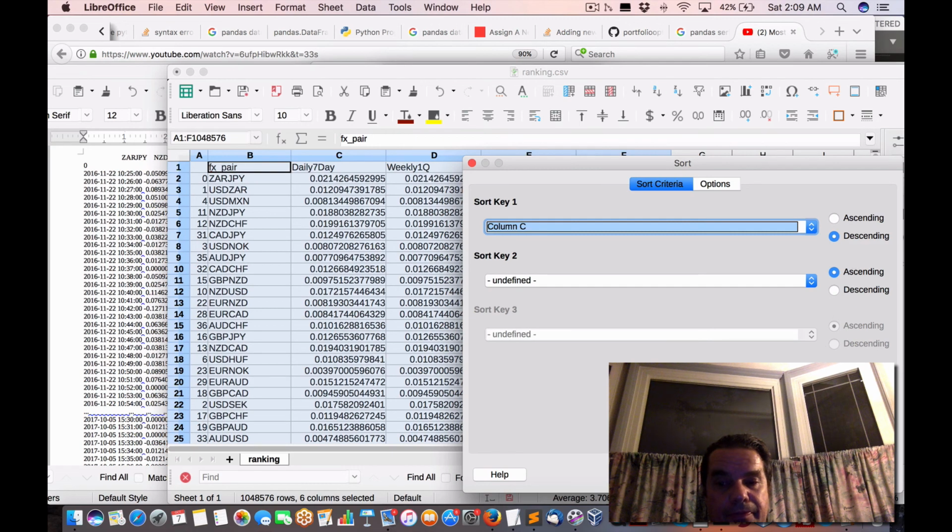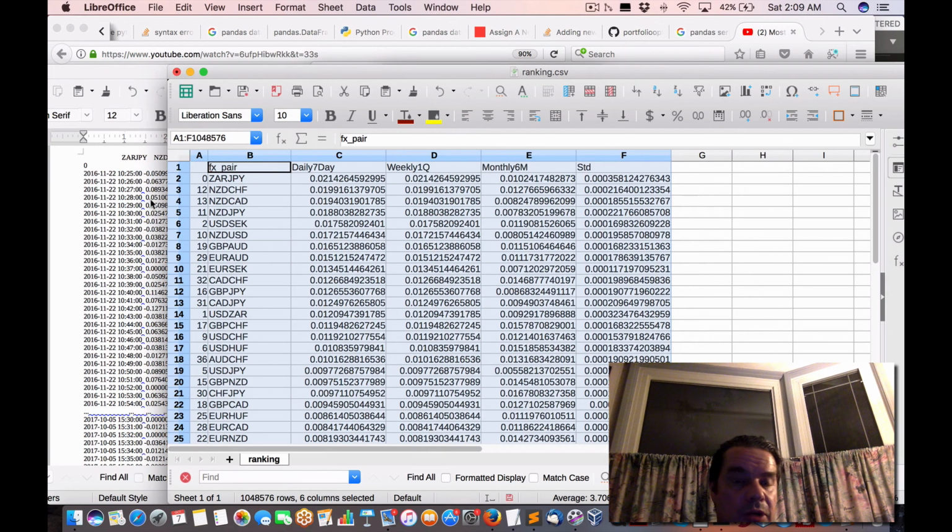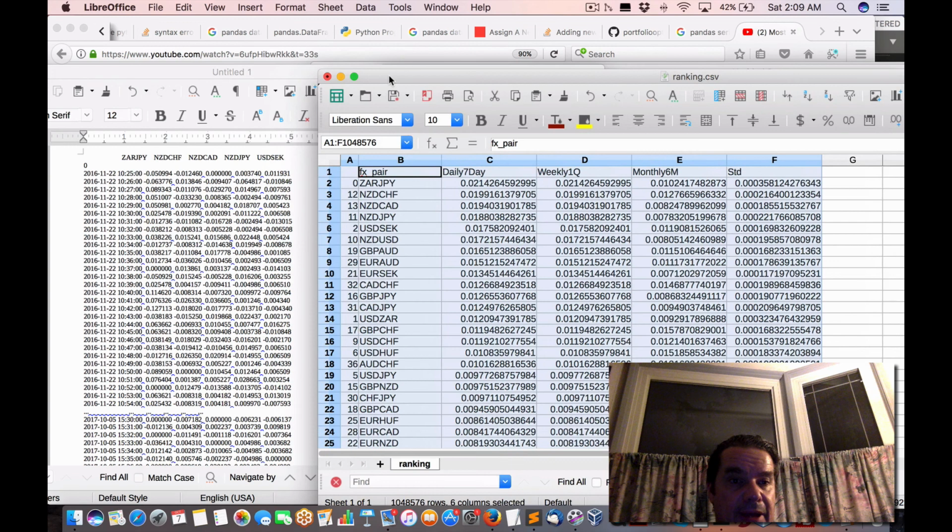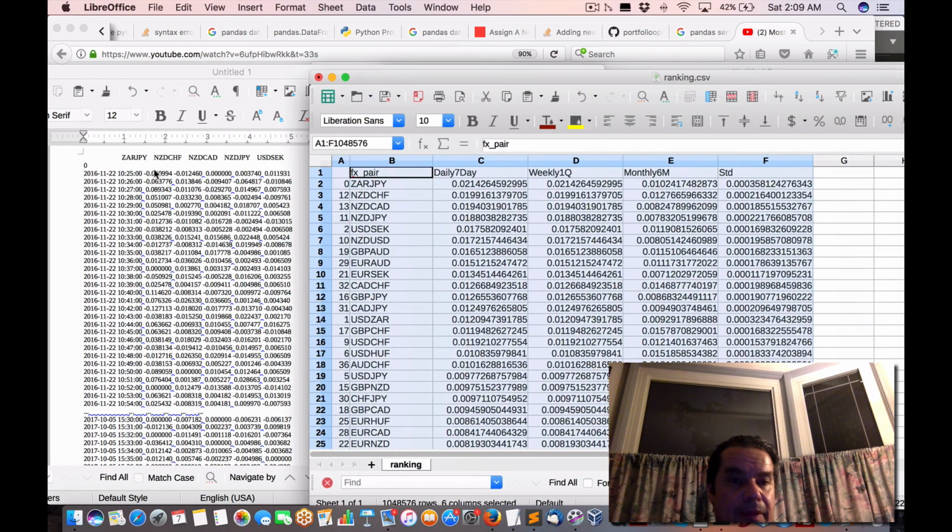So just want to make sure that everything lines up as we would expect. So again, for the most volatile over a 7-day, we have the following order. Rand, Japanese yen, correct. New Zealand, Swiss franc. New Zealand, Canadian.